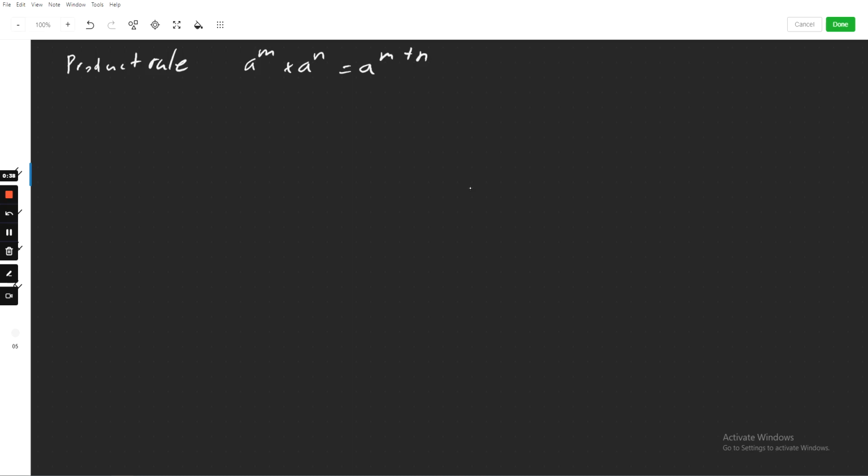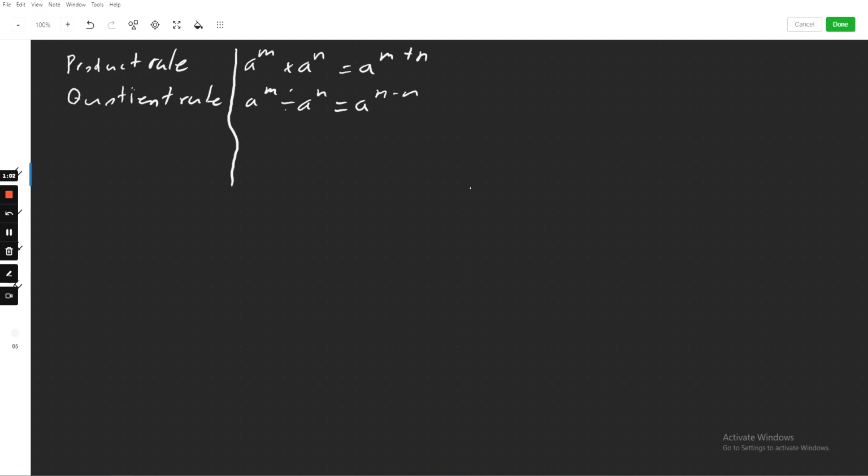Then we have the quotient rule. Again, same bases, but when we are dividing, we actually subtract the exponents, so m minus n.